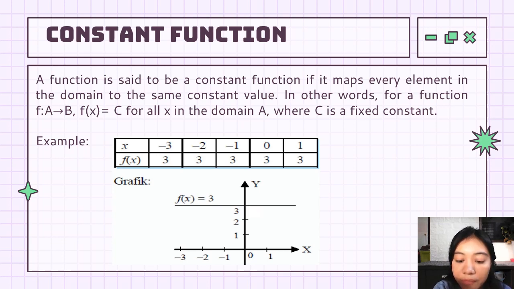The graph of this function will be a horizontal line passing through the point (2, 3) and extending infinitely to the right. Since the value of f(x) is always 3 for any value of x in the domain. Note that the domain of this function is restricted to the interval [-3, 2).